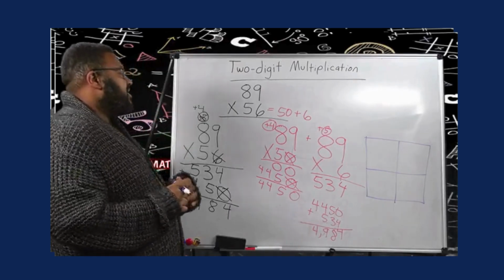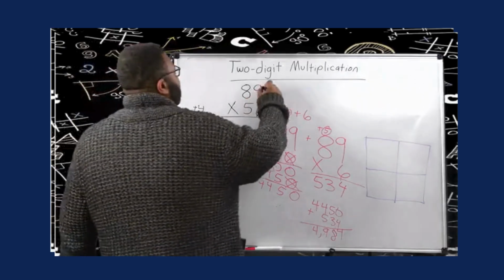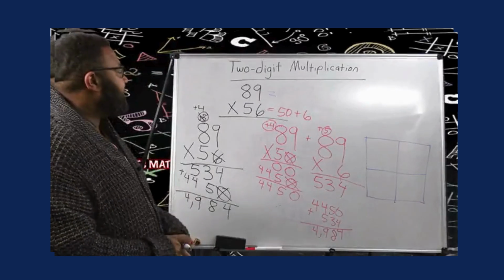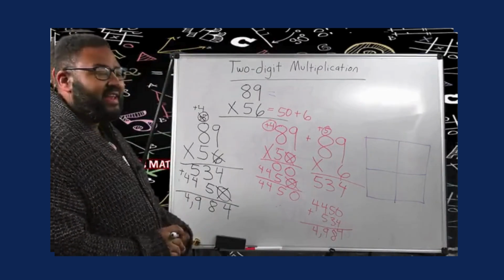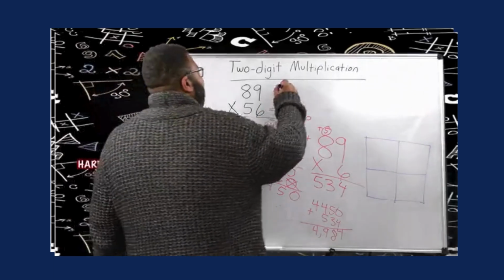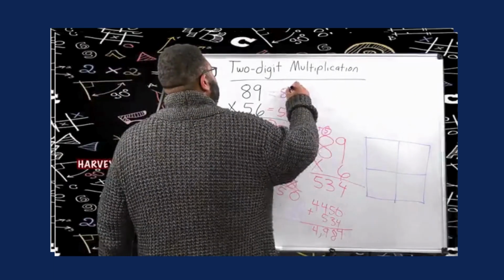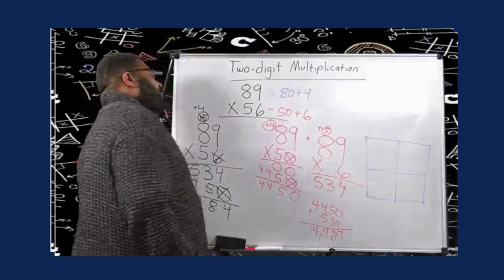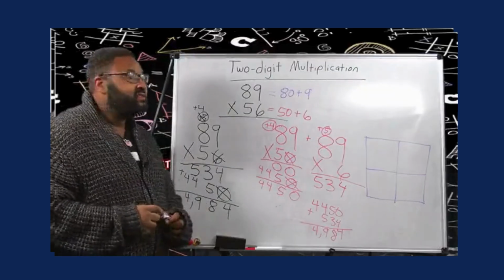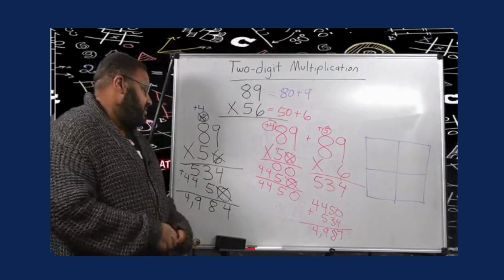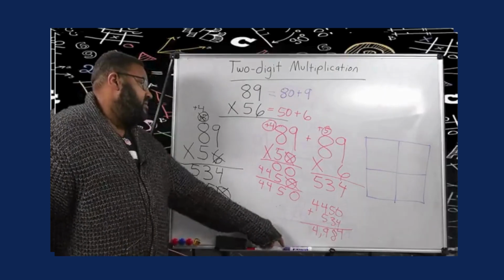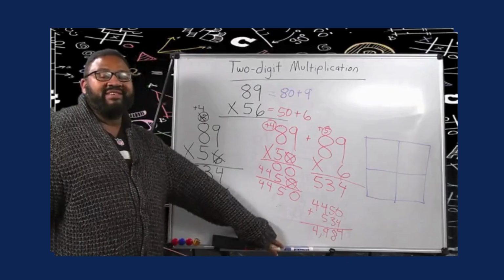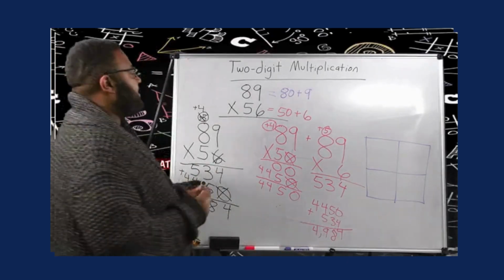All right. Now what I've got to do with this number up here is the expanded form of 89. Somebody told me. I hear you, you're correct. 80 plus 9. So now all we have to do is put it in the box. These numbers are going on top of the box.